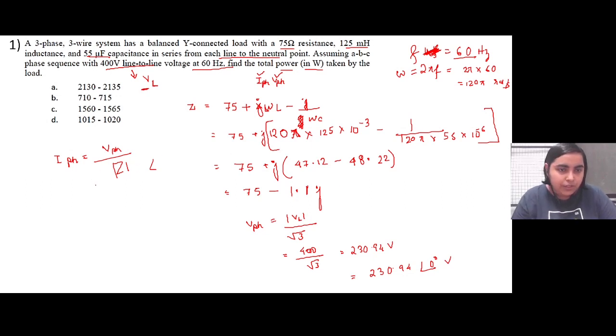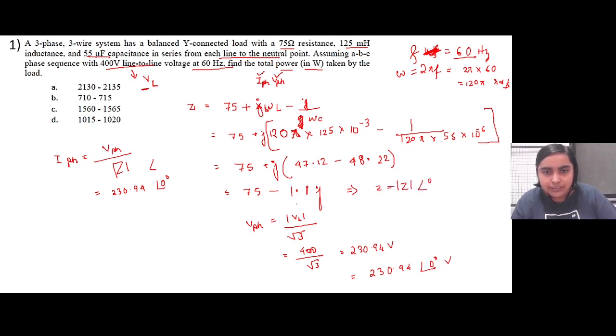So for the phase current we have 230.94 angle 0, and Z we can write in terms of magnitude of Z times the angle, whatever it may be.